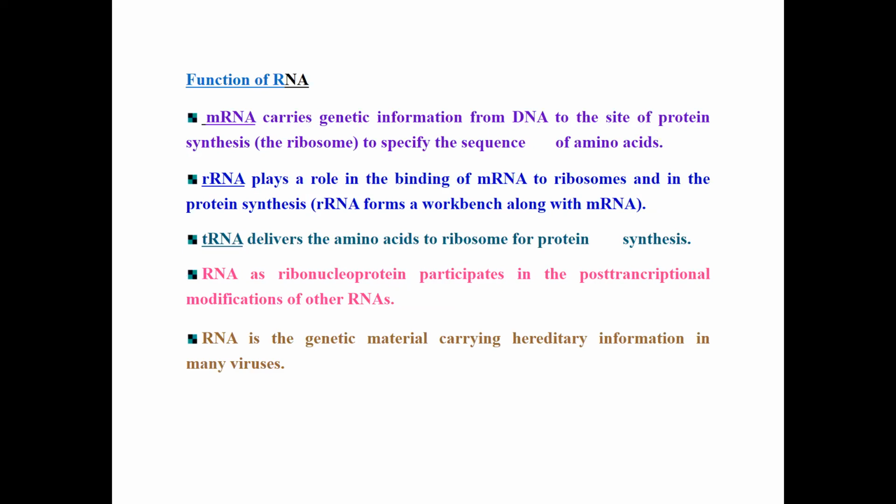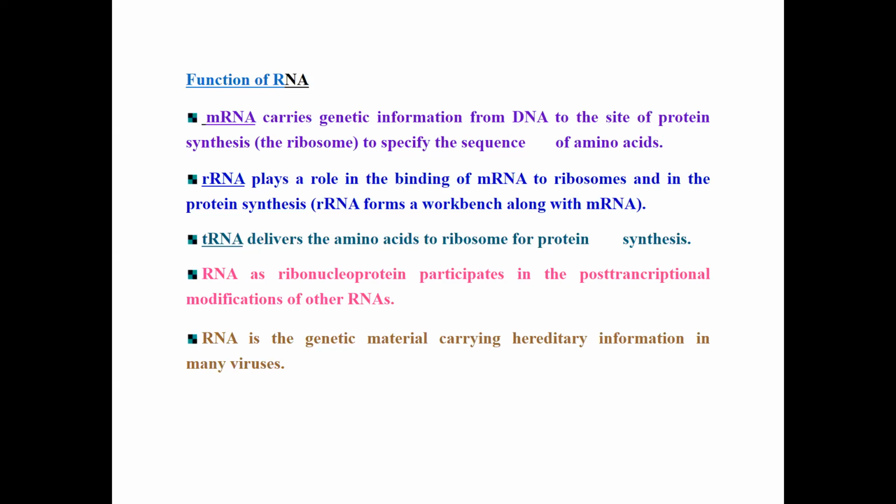The site of protein synthesis in the cell is the ribosome, to specify the sequence of amino acids. rRNA plays a role in the binding of mRNA to ribosomes and in protein synthesis. rRNA and mRNA make a workbench for the synthesis of protein at the ribosome. tRNA delivers the amino acids to the ribosome for protein synthesis.